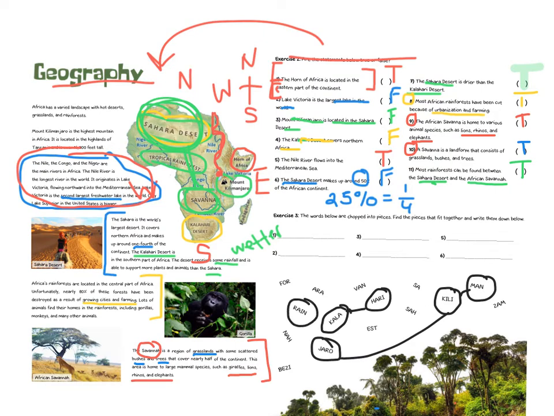We had rainforest. That was one. So now we're left with, maybe savanna could be one. And then Zambezi. I don't know about that. I'm going to leave it there.